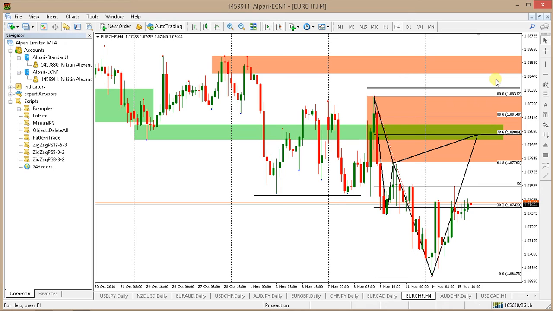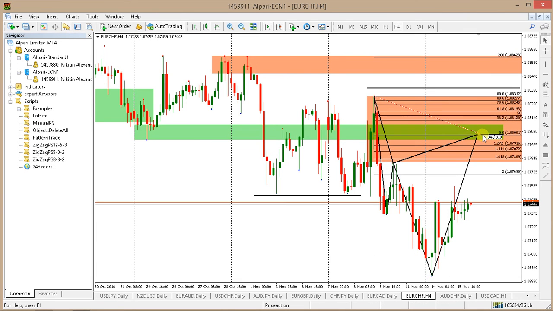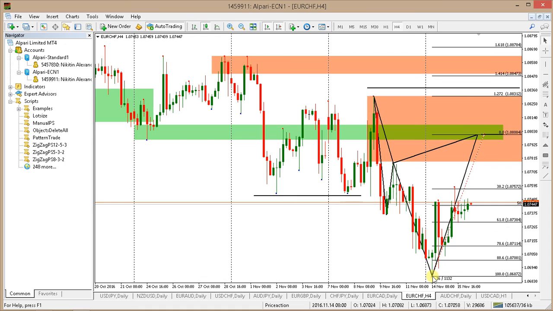I'm personally using the 786% of the target above the entry, and you will see how it works in a second. I will tell you about the target, and then I will come back to explain my way of placing the stop. Okay, what is the target? The target is 382 from the C to D leg, the last leg of the pattern.